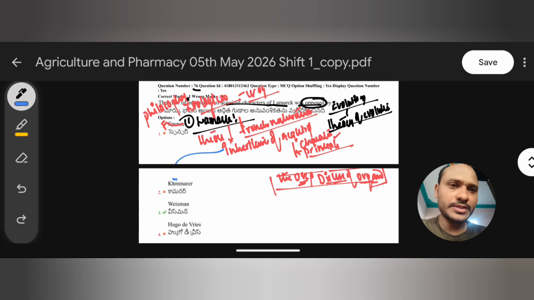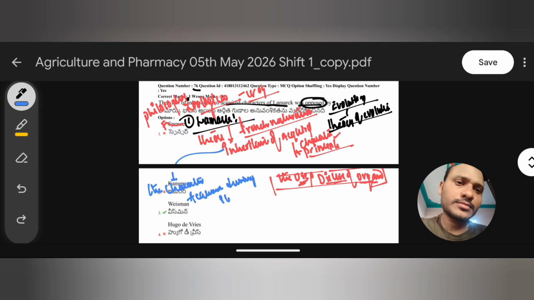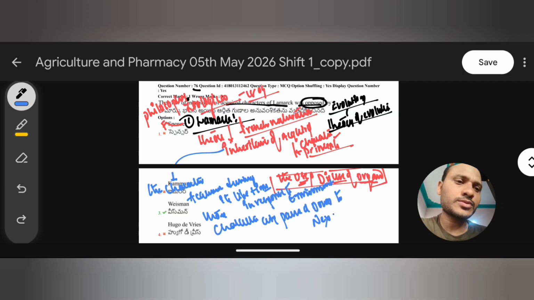This theory mainly explains that the characters acquired during an organism's lifetime in response to the environment are passed down to the next generation, he said. So if any organism acquires a character during its lifetime, those characters must be passed to the next generation according to this theory.